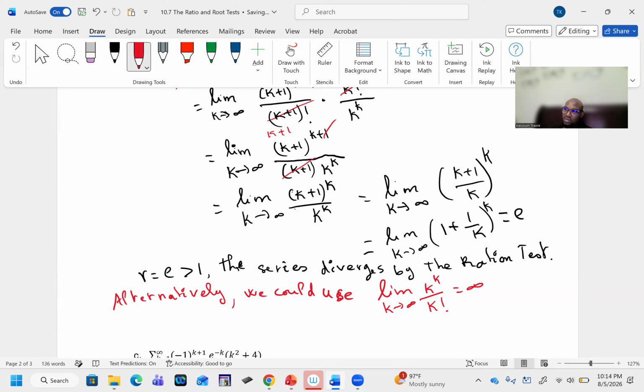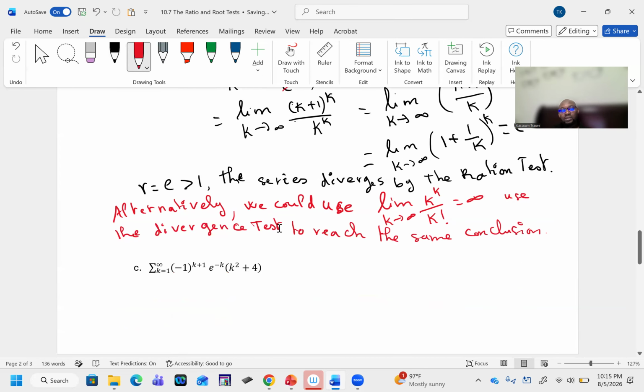And then use the divergence test to reach the same conclusion, which is that the series diverges.